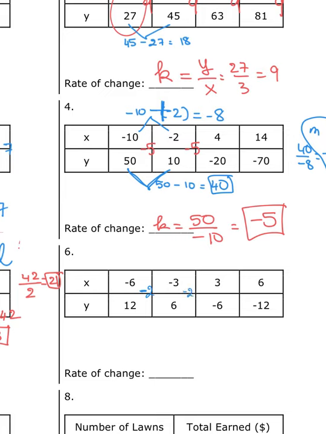Negative 6 divided by 3, I got negative 2. Negative 12 divided by 6, I got negative 2. So these numbers are the same. So this is proportional, and K will be negative 2.